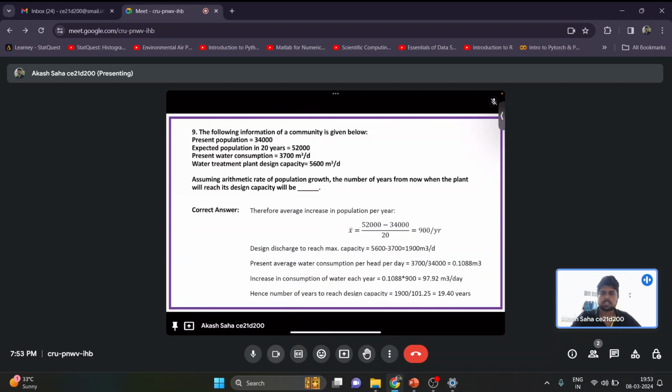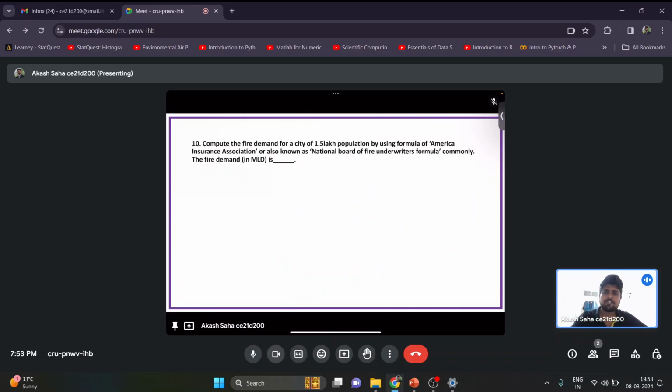Okay, so the next question now. Compute the fire demand for a city of 1.5 lakh population by using the formula of the America Insurance Association, also known as the National Board of Fire Underwriters formula commonly.